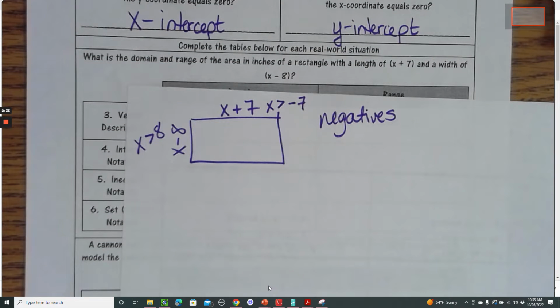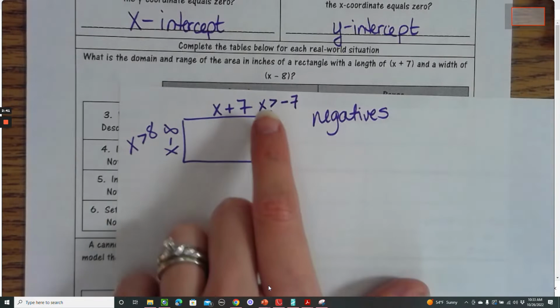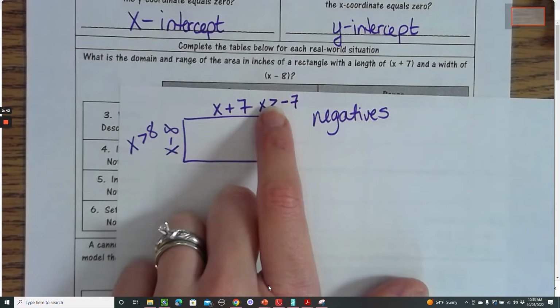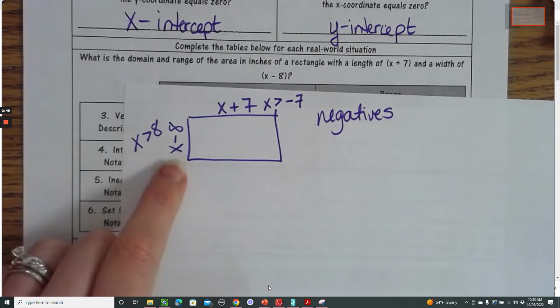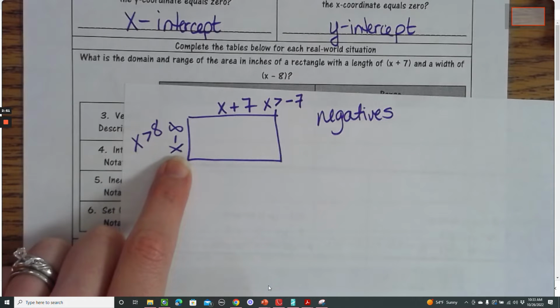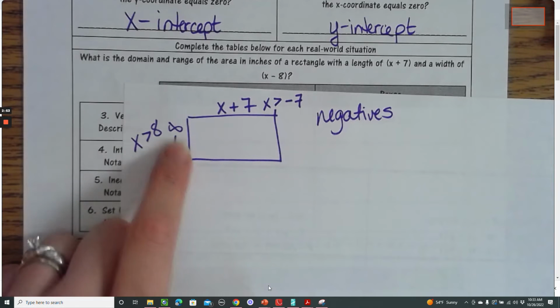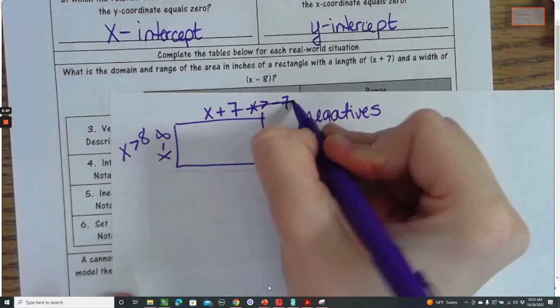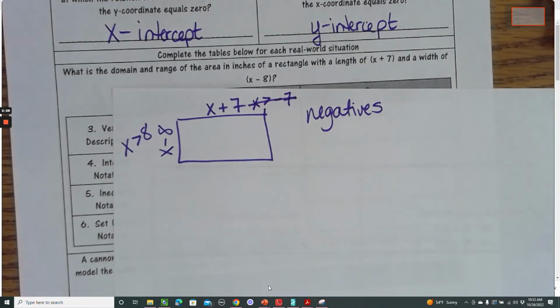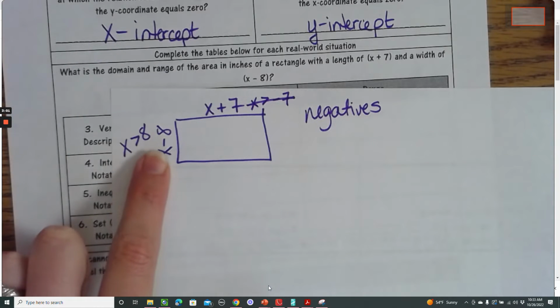So we've got to take all that information and pick which value works. If I say the domain is as long as x is greater than negative 7, will that work? Can I plug a negative 7 in here? No, because negative 7 minus 8 gives me a negative side length. So I can't use that parameter. All right, can I use the parameter x is greater than 8?